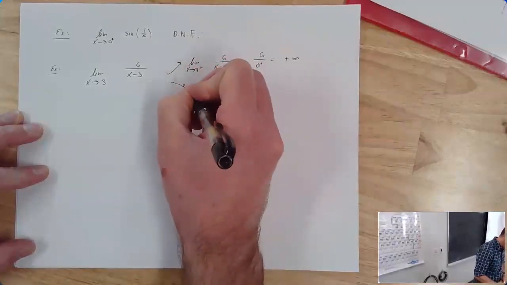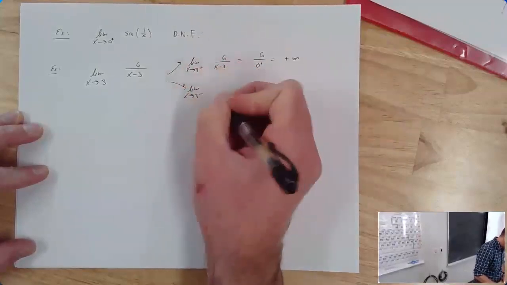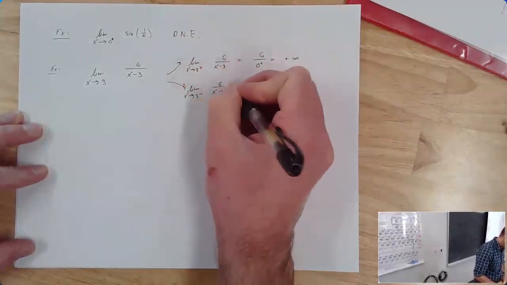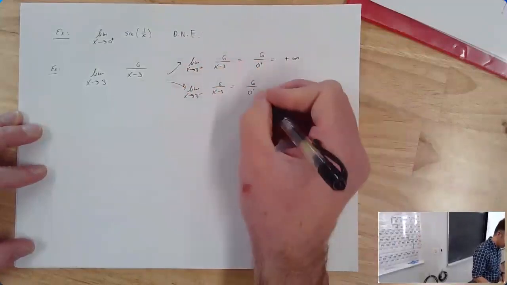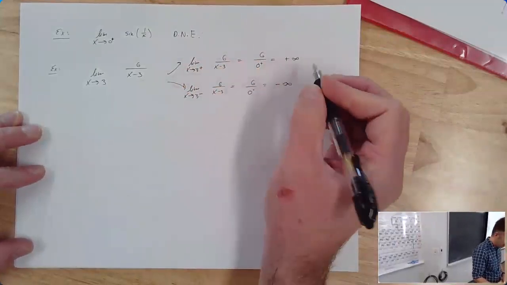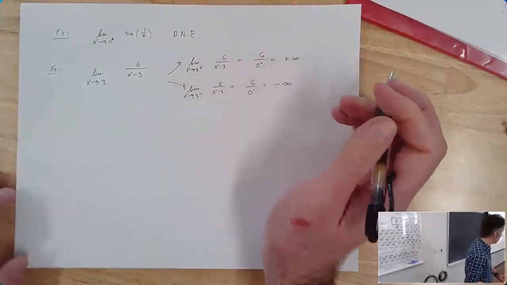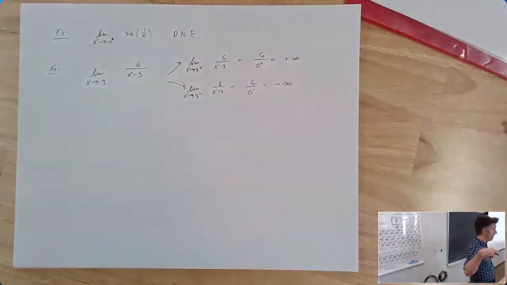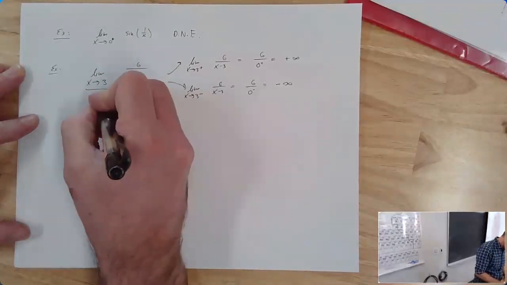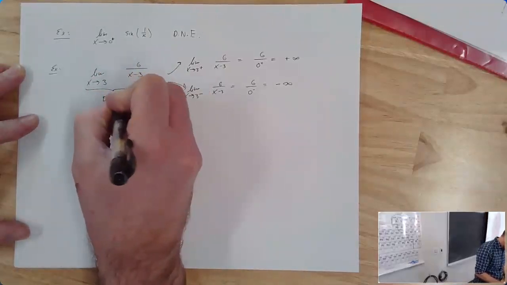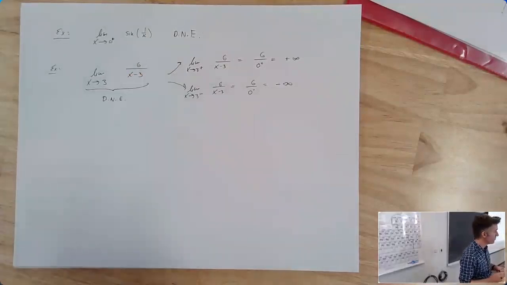Whereas the left-hand limit, as x approaches 3 from the left, of 6 over x minus 3, is going to be 6 over a slightly negative small number, which is going to be negative infinity. And since these two limits both don't exist in different ways, one going infinitely large, one going negatively infinite, the overall limit does not exist because the right side and the left side are doing different things.